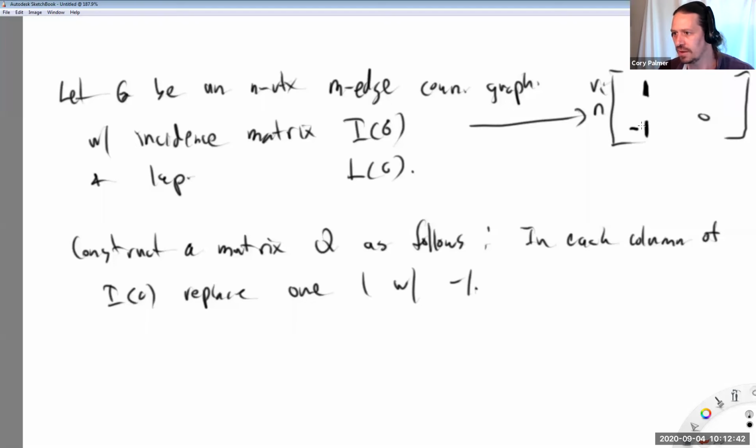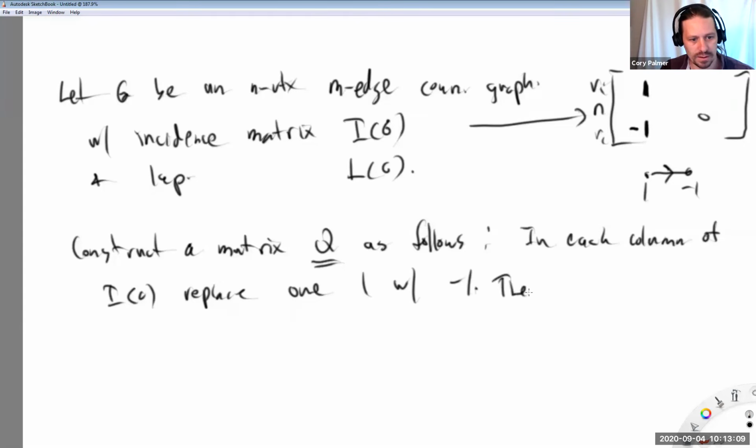It's just marking the two ends. Each edge of the graph gets this orientation. Then if you look at a row vi, the -1s are how many times an edge points into it, and the +1s are how many times an edge points out of it. We don't need any information about that, although this will come up later, but it's just to have an idea of what that's doing. So that's the first step of Q.